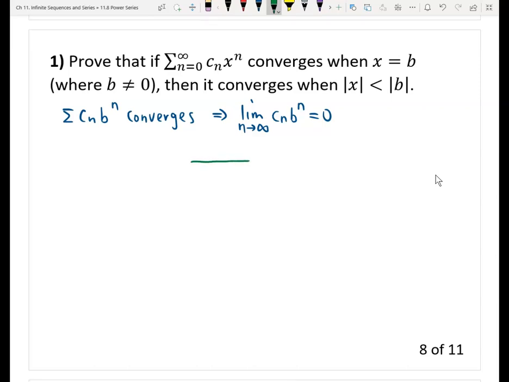If we have this number 0 here, and this is the epsilon neighborhood, the radius is epsilon, then our sequence Cn b raised to the n will fall into this neighborhood when n is large enough, or you say when n is greater than a capital N. Okay, this is the precise definition for any epsilon.